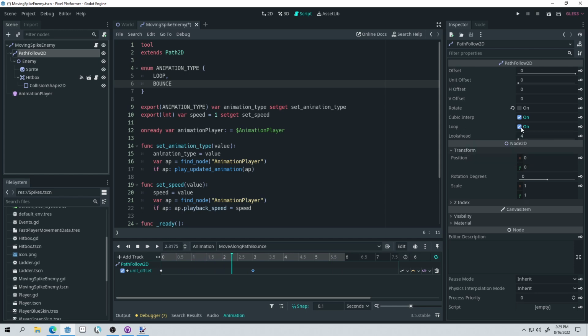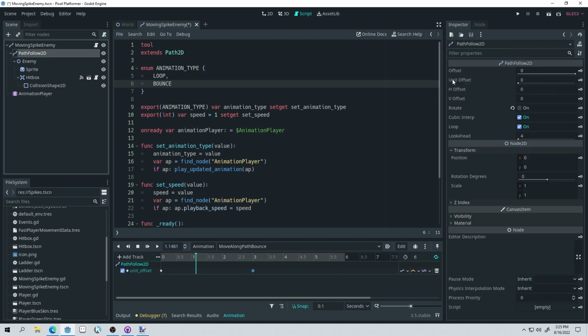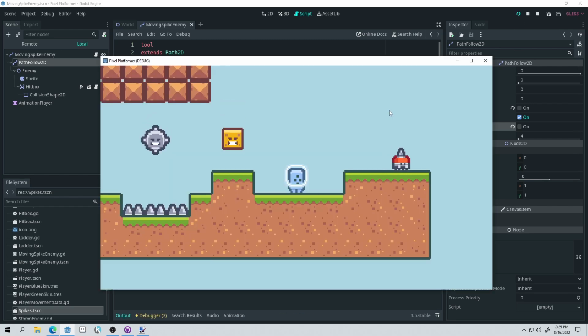You just uncheck loop right here, I think is what they said to do. Hopefully this is right. So we can come back into our move along path bounce and set this value to 1. And then if we come into the path follow, you uncheck loop. Is that what they said to do? I don't remember what they said to do. We might have just broke stuff.